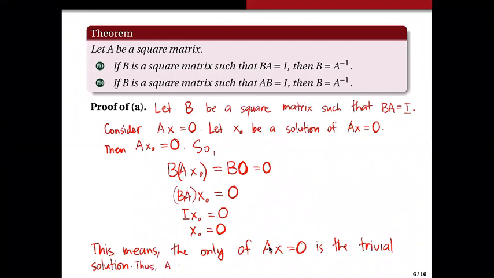And now that we know it is invertible, we can show that B equals A inverse. So we are now on the last steps.